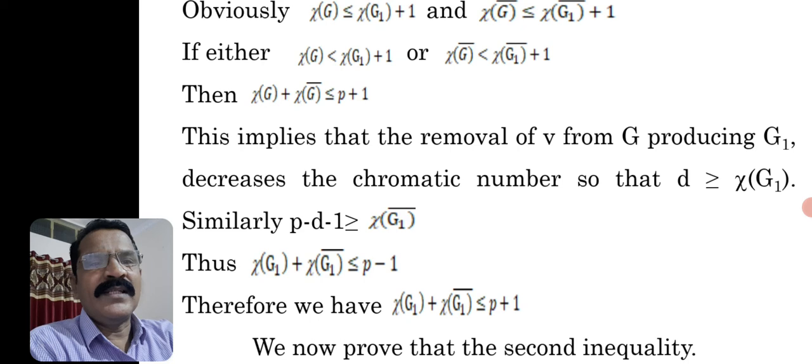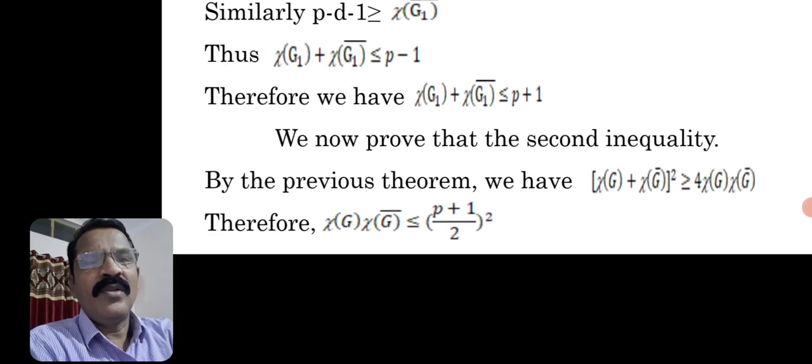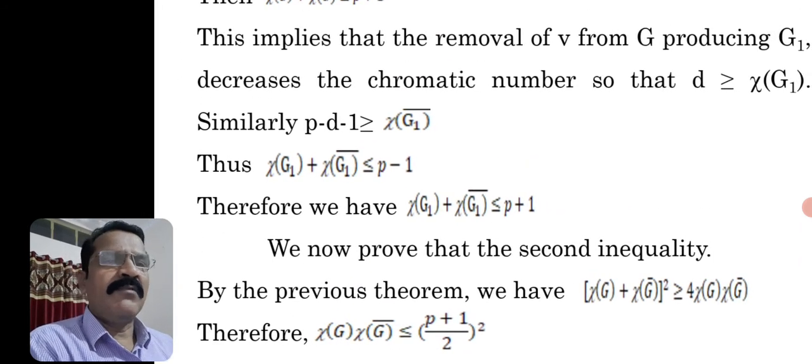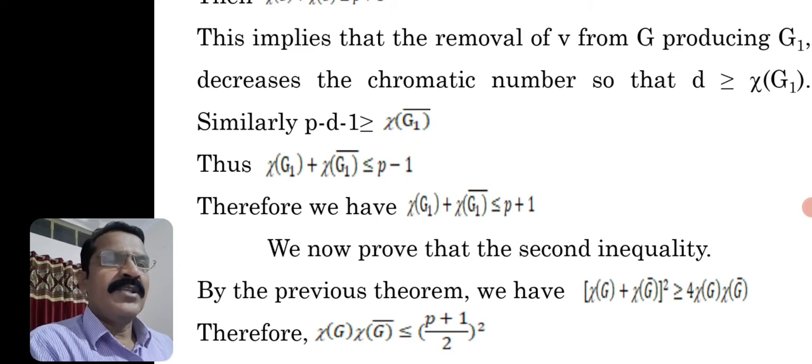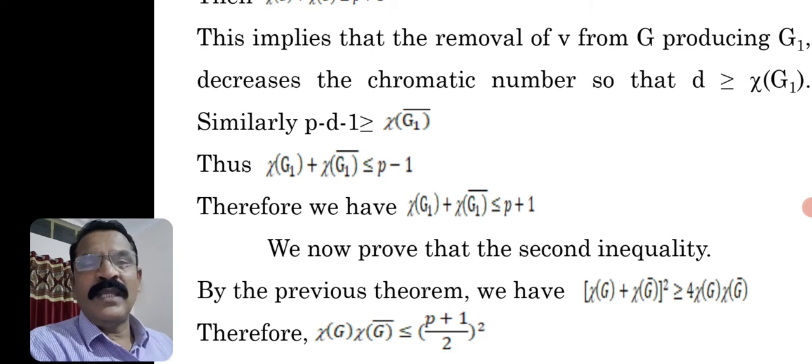Now we will consider the second inequality. To prove the second inequality, we use the previous theorem. We proved one theorem in the previous session. What is that theorem? Chi of G plus chi of G bar, whole square, is always greater than or equal to 4 times the chromatic number of G into the chromatic number of G bar.